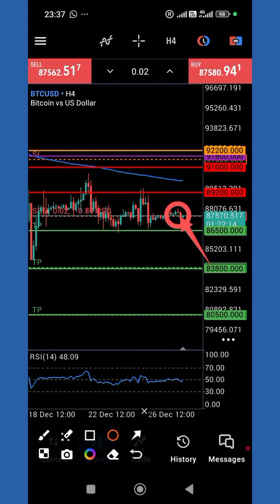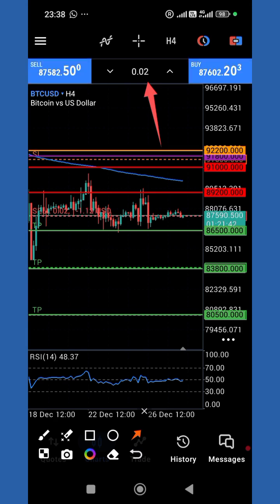The lot size that I use there is 0.02, but this particular setup I'm about to drop now is for a person who has around 500 to 1000 USD in capital in the account to trade this setup.